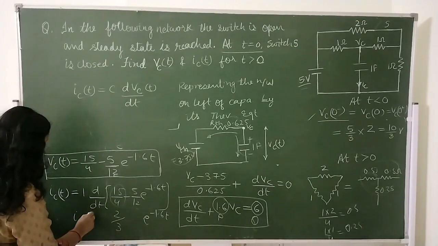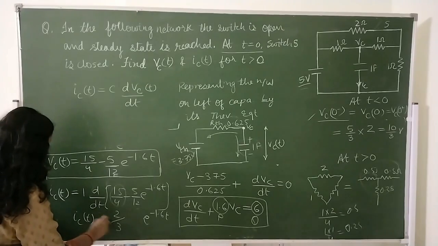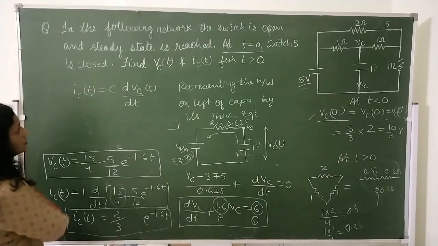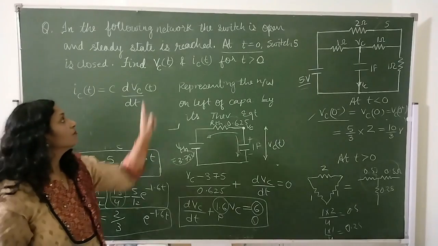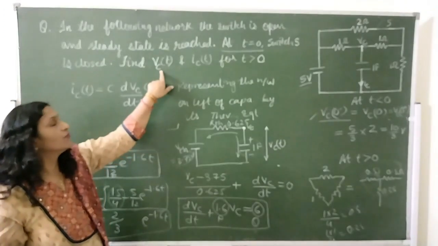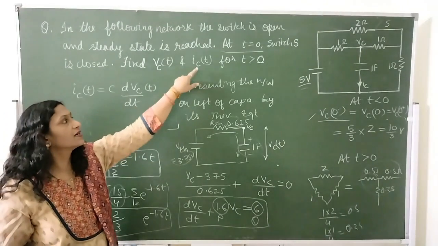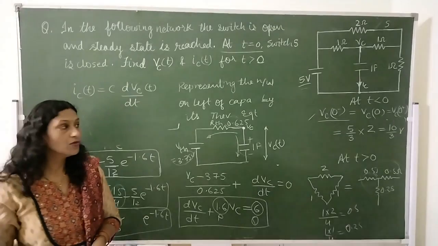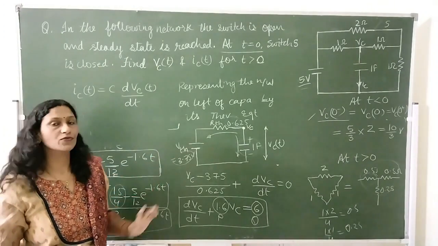This is the expression ICT. So here we got both expressions, the voltage across the capacitor and the current through the capacitor at time t greater than 0, by using these few steps.